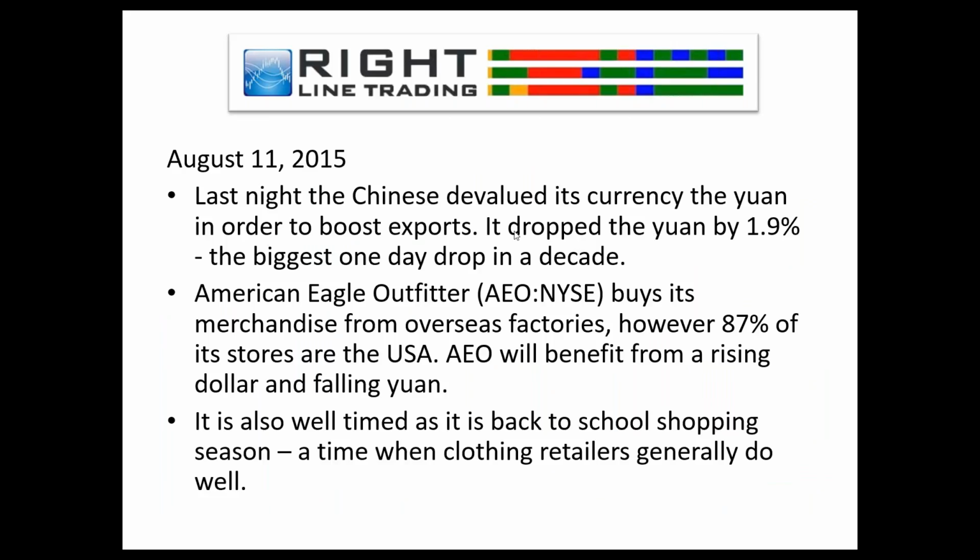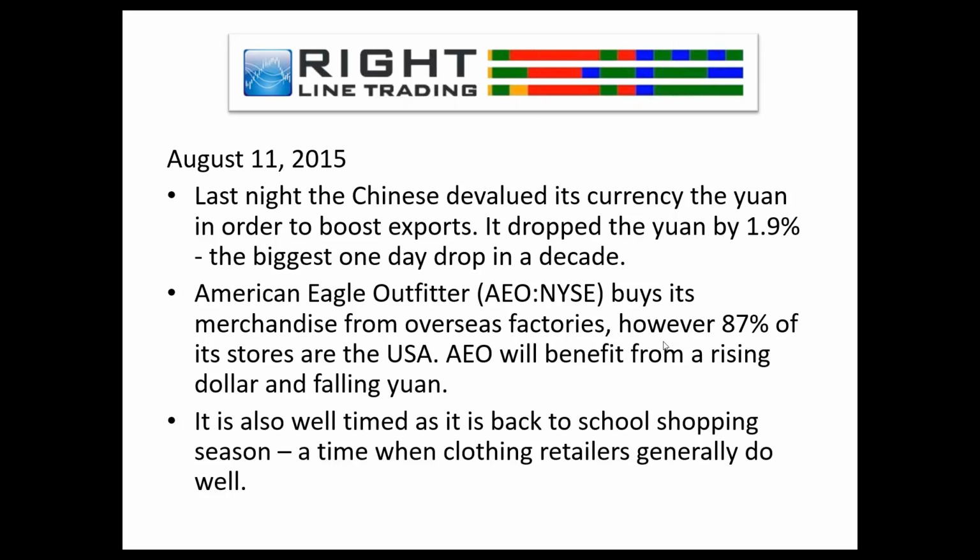Here's another position. The Chinese devalued the yuan, and since they did, it would make goods and services manufactured overseas much easier to purchase. American Eagle Outfitters had the best of both worlds.